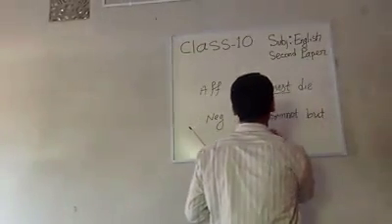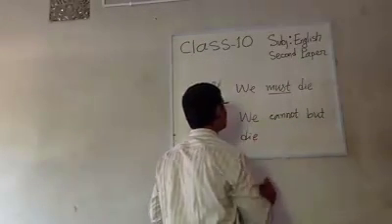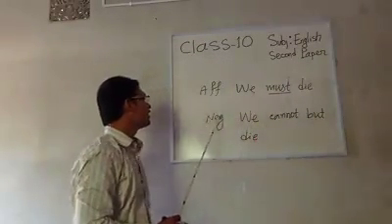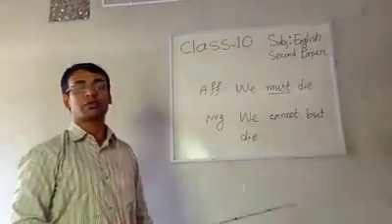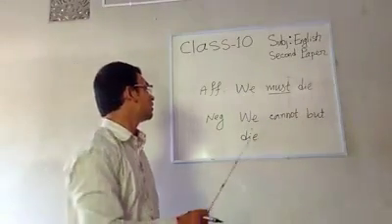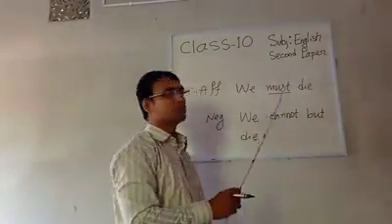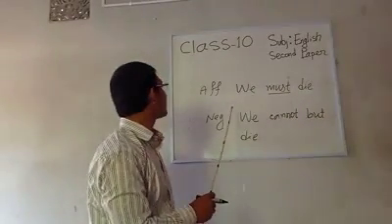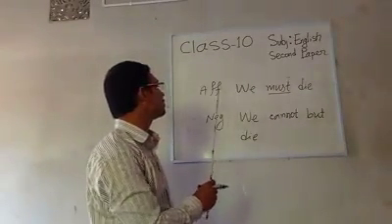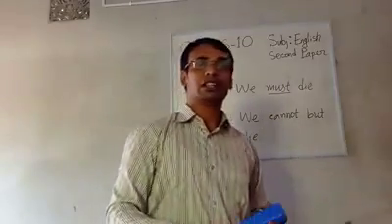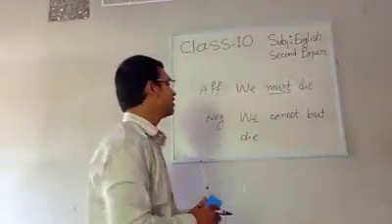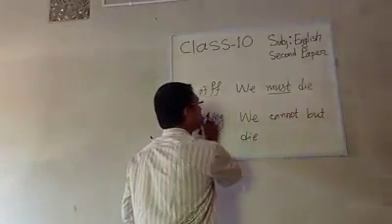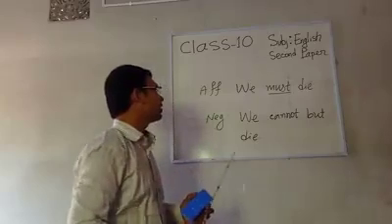We cannot but die. So what is the Bengali meaning? আমরা অবশ্যই মরবো, and negative আমরা না মরে পারবো না বা আমাদের মরতে হবে এরকম। অর্থাৎ আমাদের অর্থের কোনো পরিবর্তন না রেখে আমরা শুধুমাত্র চেঞ্জ করবো তার ফর্মে, এটার নাম হচ্ছে ট্রান্সফরমেশন সেন্টেন্স। Okay, we can do it in another way.